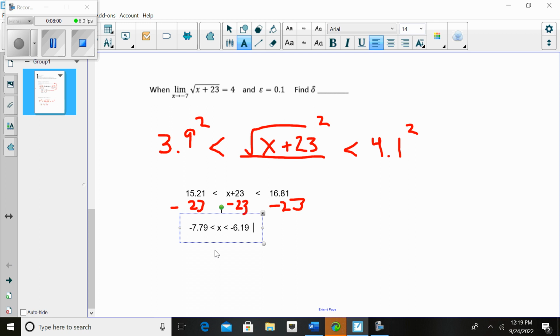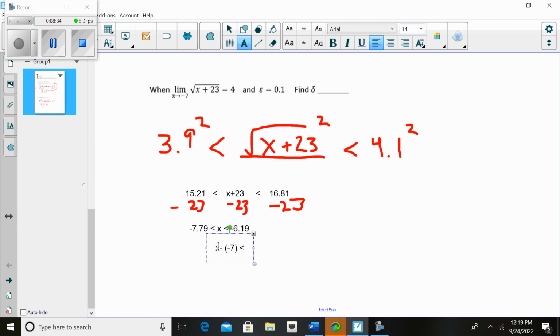Okay, so to find delta, I have to find the distance away from -7. So what I'm doing here is I'm actually subtracting -7, so in the center here, I have to do x minus -7, which we know is really adding 7.